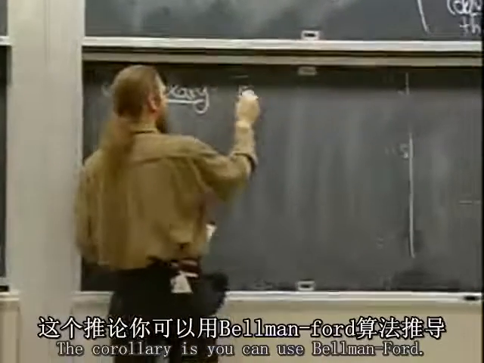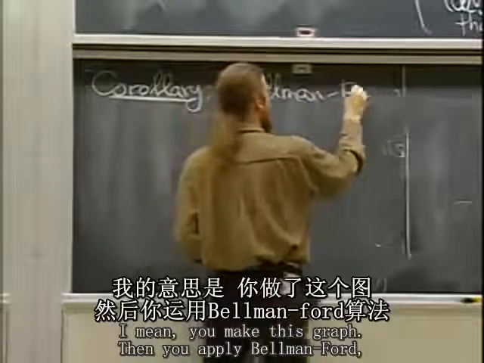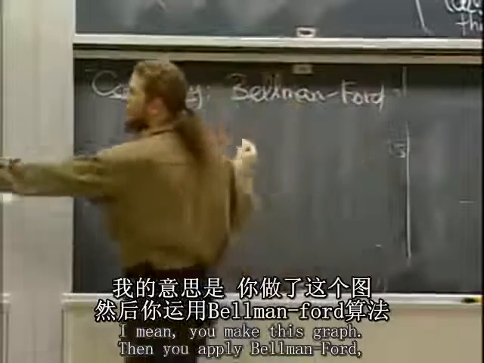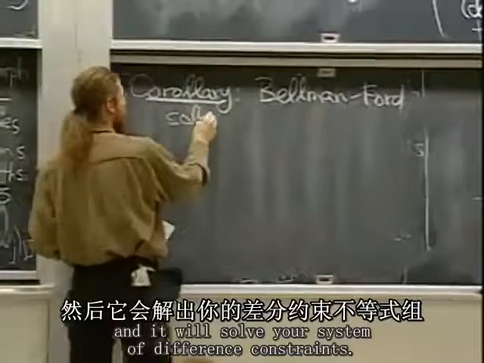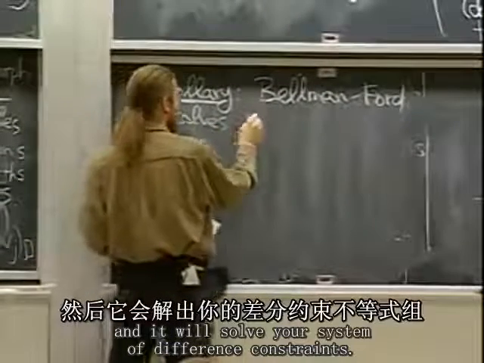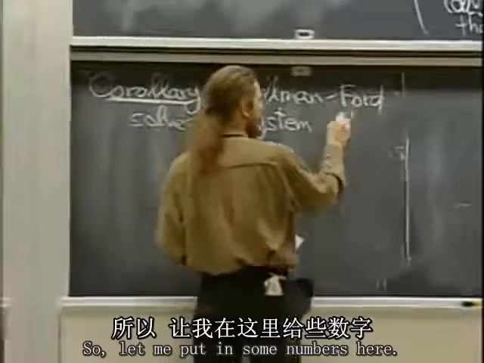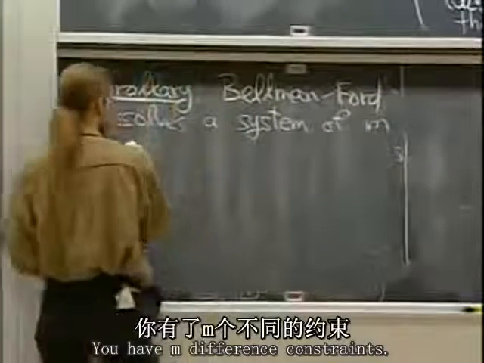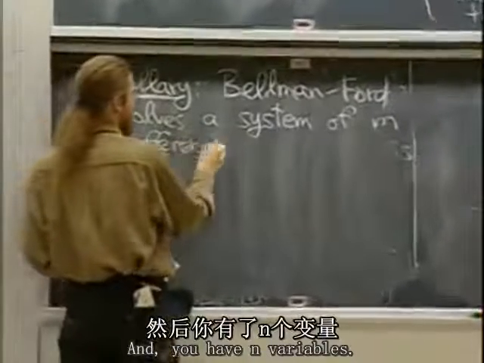The corollary is you can use Bellman-Ford: you make this graph, then you apply Bellman-Ford, and it will solve your system of difference constraints. So let me put in some numbers here. You have m difference constraints, and you have n variables.